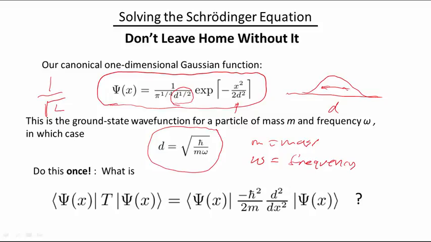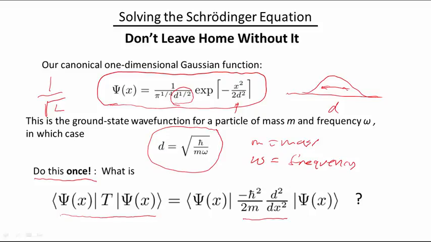So now we're going to do a calculation, and we're just going to do it once, because when you do it once, I'm going to give you a mnemonic that I hope will be useful for you to remember the result. That is to calculate the expectation value of the kinetic energy operator applied to this wave function, which in one dimension is minus h bar squared over 2m d squared dx squared.